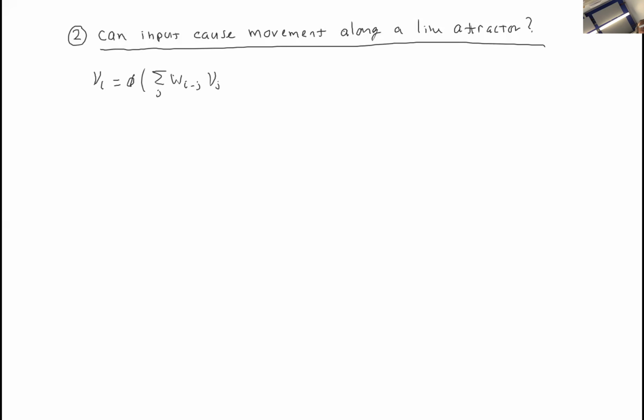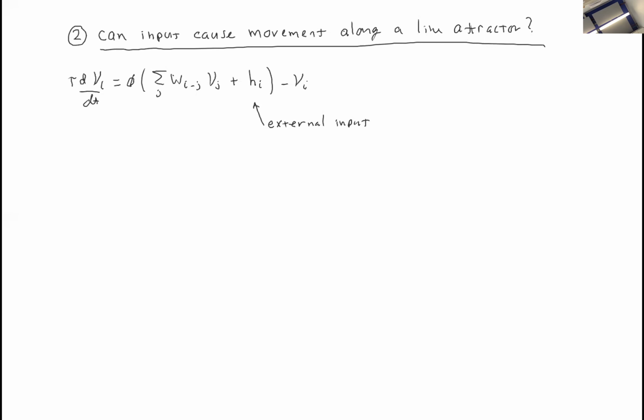I'm going to add in plus h_i, which is external input, and we want to ask if the external input can move our attractor. So we need tau d/dt here, minus nu_i. This equation has the same fixed point.